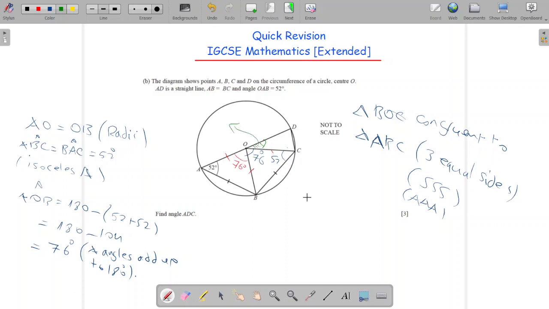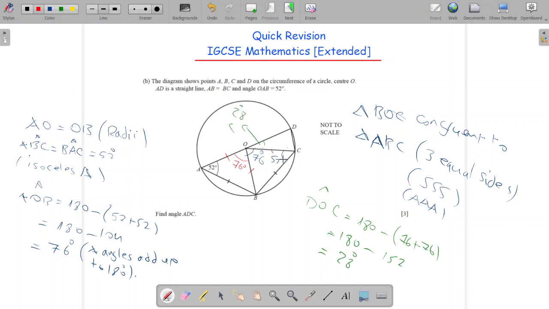The angle DOC is going to be equal to 180 minus 76 plus 76, which is 180 minus 152, which is equal to 28 degrees. So that angle you see here is equal to 28 degrees.